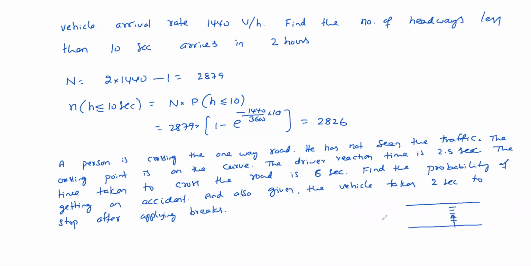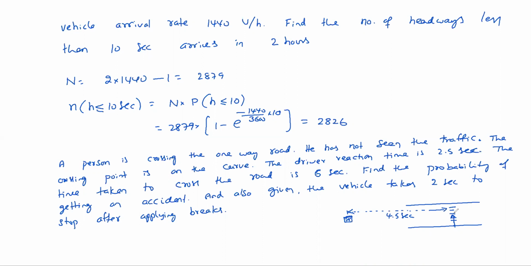He is going like this. Suppose the vehicle is coming here. In the curve, if he is here, 2.5 plus 2, 4.5 seconds will be taken for this vehicle to reach this point.